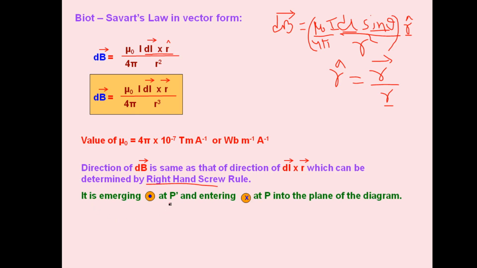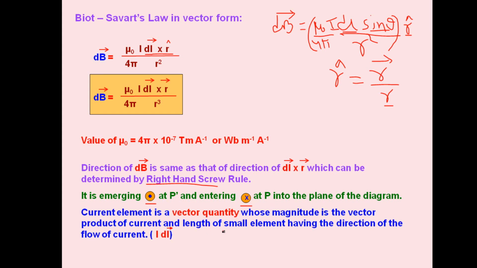Then it is emerging out, this means outward at p dash and entering inward, this cross means inward at point p into the plane of the diagram. So current element is a vector quantity whose magnitude is the vector product of current and dl vector or length vector of a small element having the direction of flow of current, I dl. Got it? So you can note down this if required.